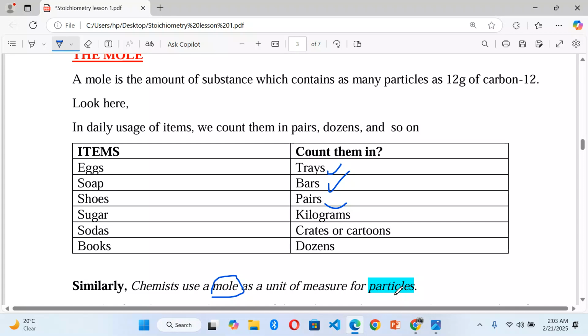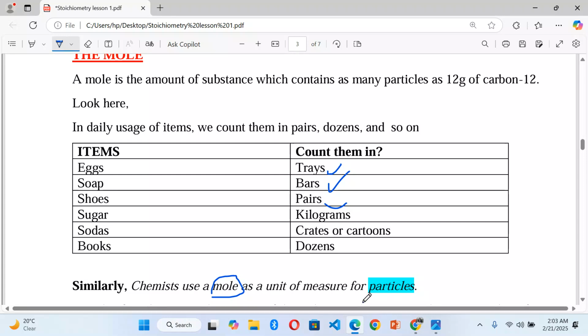The way we count things in our day-to-day life, we count books in dozens, we count sodas in crates, we count sugar in kilograms. Similarly, for chemists, they use a mole as a unit of measure of particles.